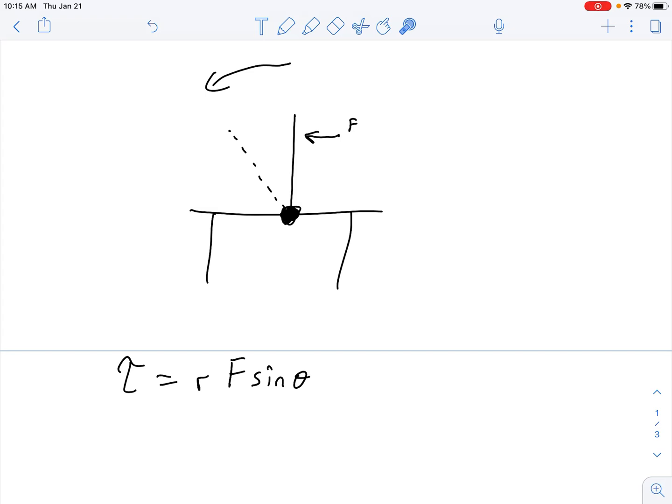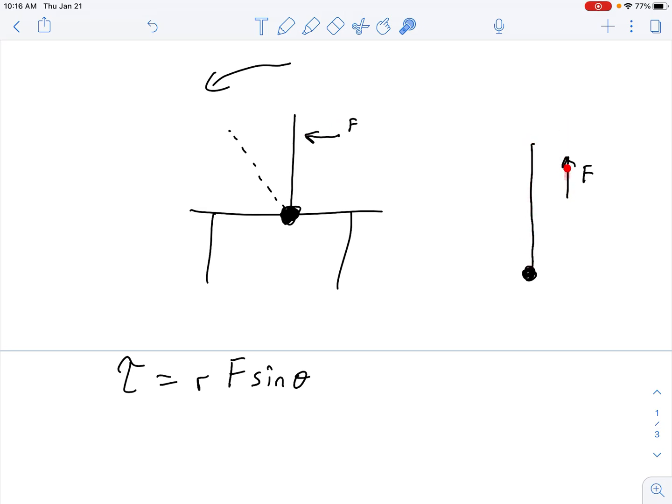Now, it turns out that this sine theta term is very important, and I will draw another picture right here to demonstrate that. There's my pivot point, there's my meter stick. Instead of applying a force perpendicular, I'm going to apply a force parallel to the meter stick.